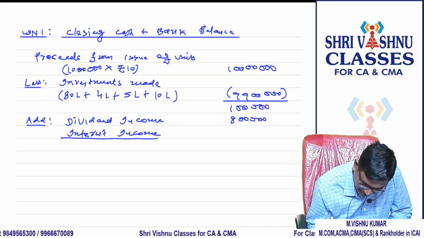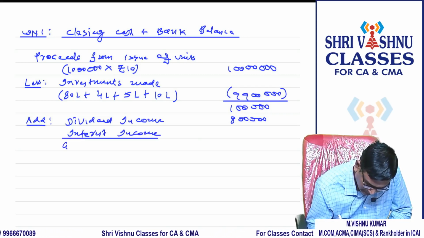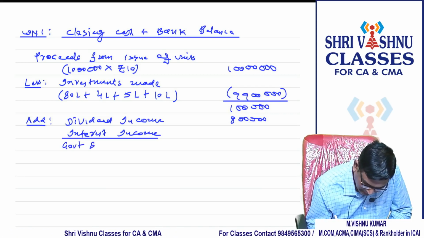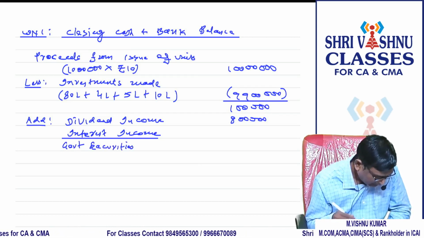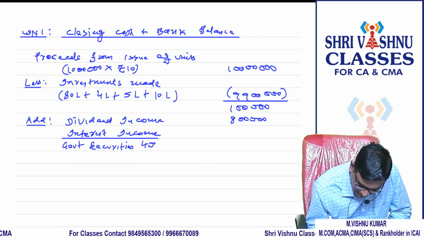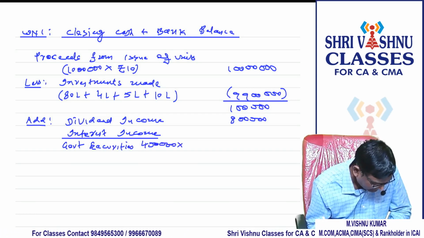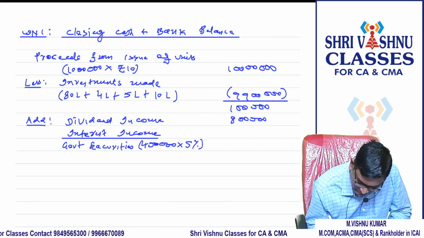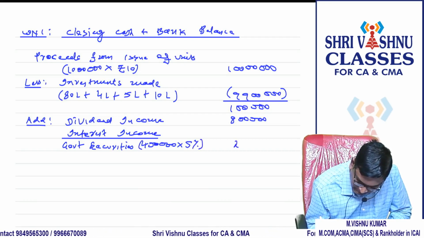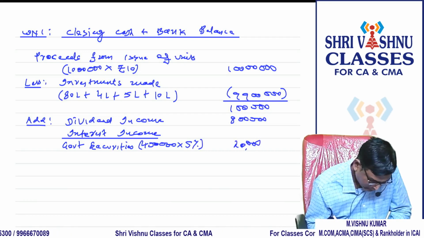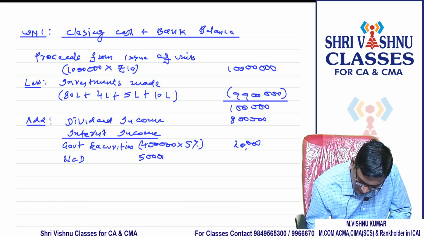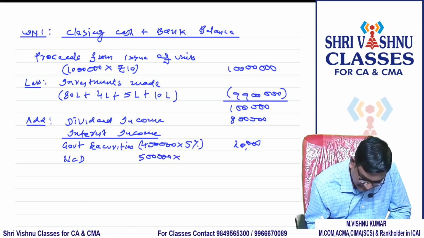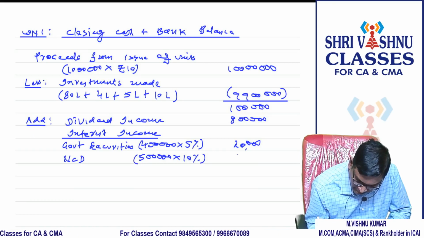Interest income: government securities, four lakhs at 5%. Non-convertible debenture, 5 lakhs at 10%.